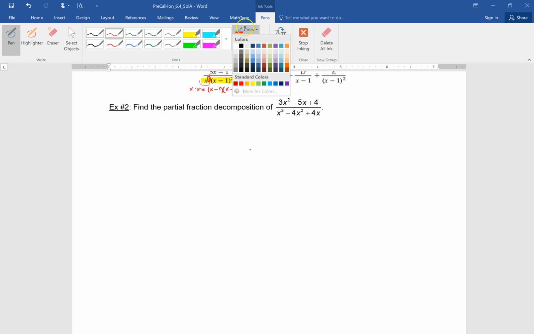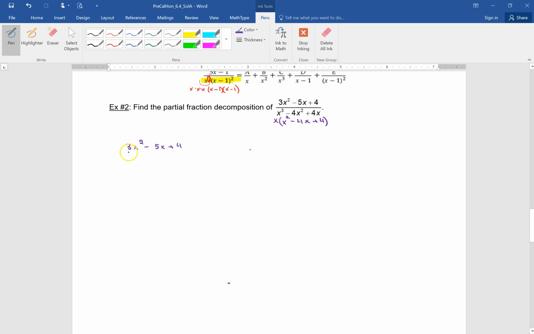So here when you factor this, you get x times x squared minus 4x plus 4. Let's factor a little bit more. We're going to get 3x squared minus 5x plus 4 over x times, what does that factor into? X minus 2 squared.